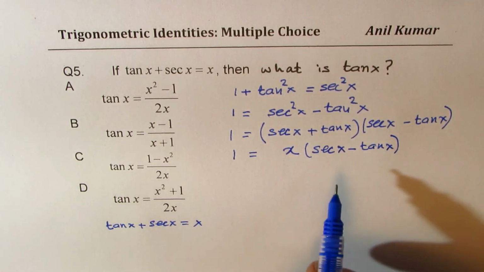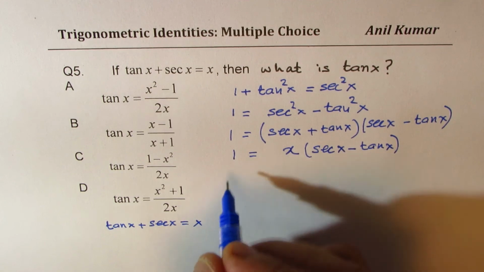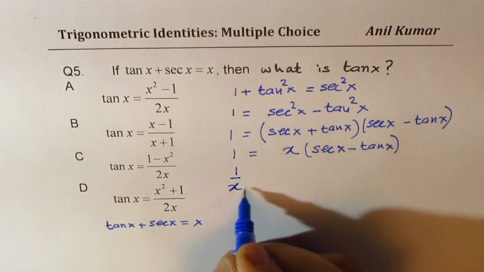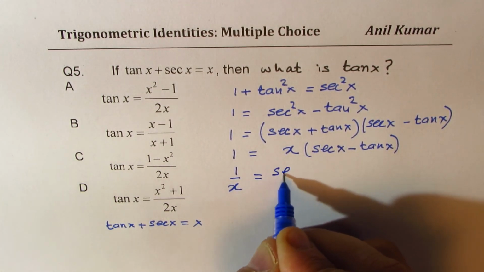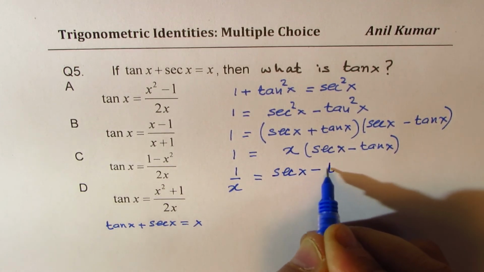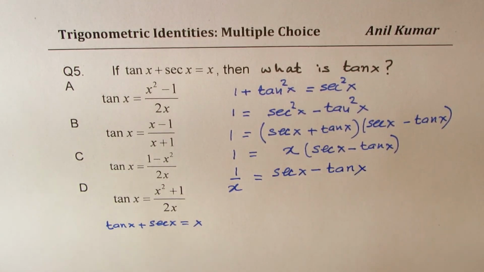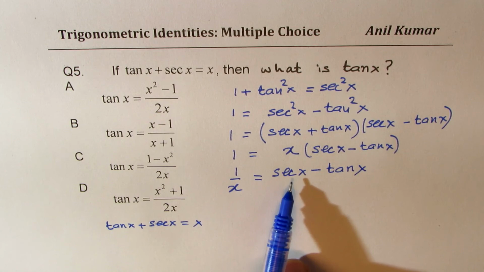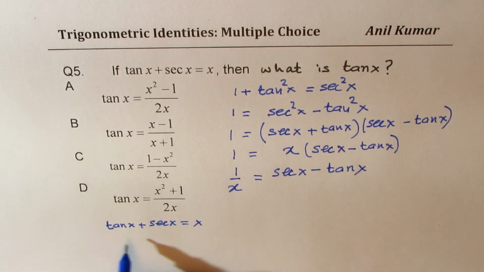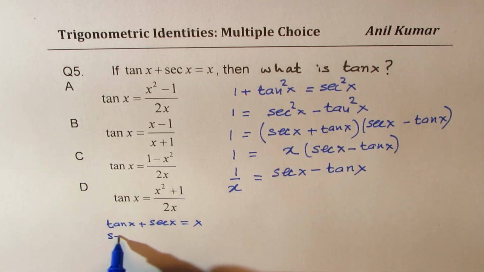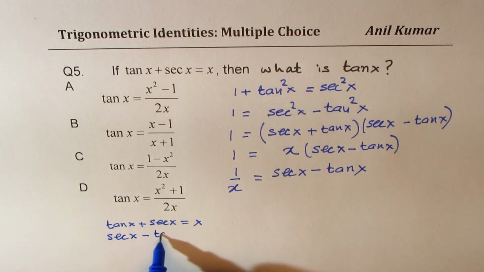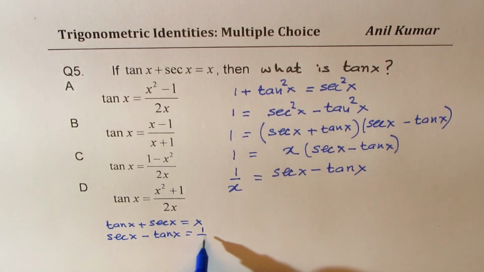So from here we get the value of secant x minus tan x as 1 over x. So we get an expression for secant x minus tan x, and that is equal to 1 over x.